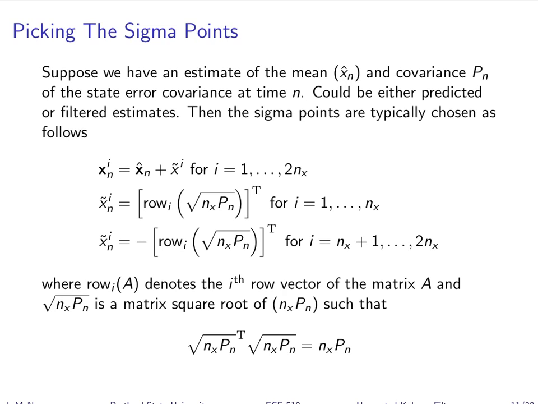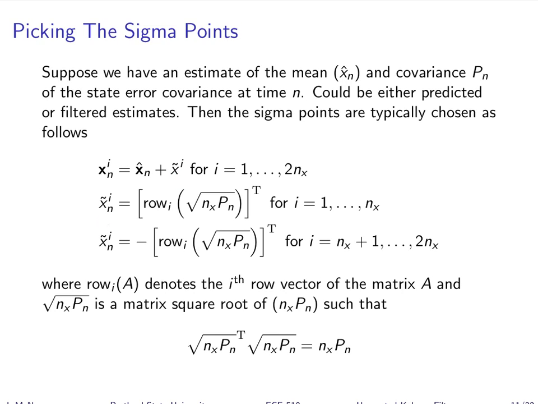The way the sigma points are usually chosen, there are other ways of choosing them. The book describes some alternate formulations, but this is the most common way, and it works really well. It's usually the most accurate. You take your mean, and then you tweak outside the mean. You add a delta to your mean, and these perturbations, this tilde no longer indicates the difference between the true state and the estimate, and you can see it's not boldface.